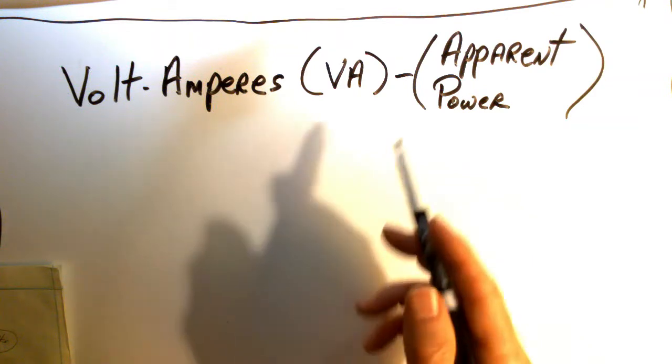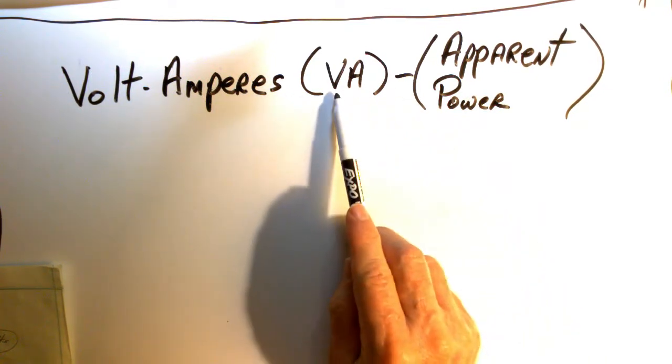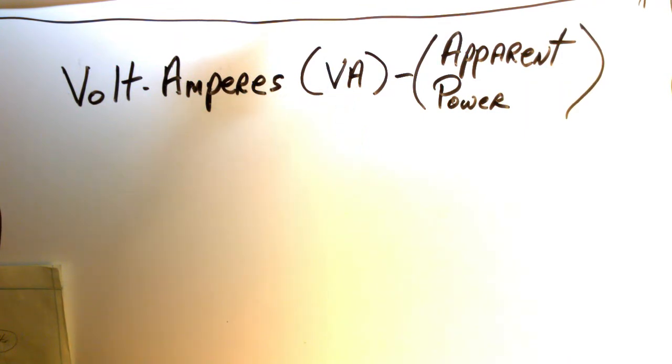But it normally means, in single-phase circuits, AC or DC, volts multiplied times the amps flowing in the circuit.